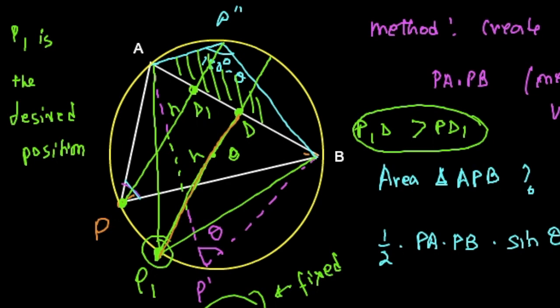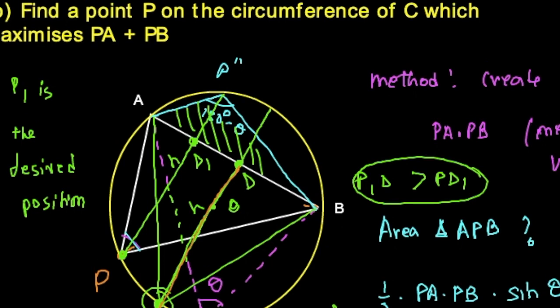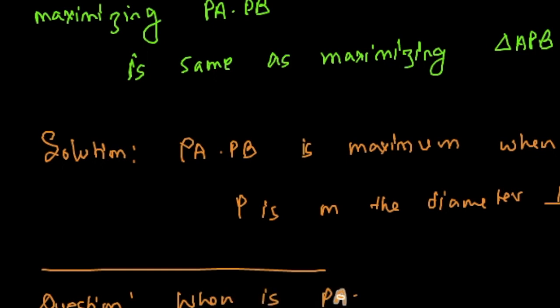Okay, the other part was to find out when PA plus PB is maximized. So we will be computing that using the first part. So the question: when is PA plus PB maximized?